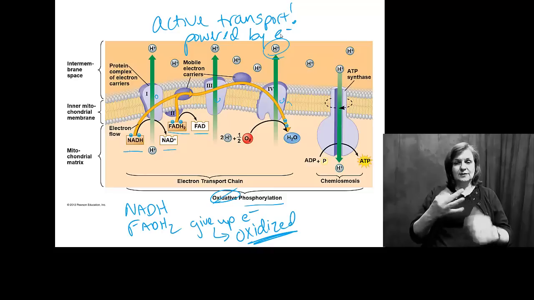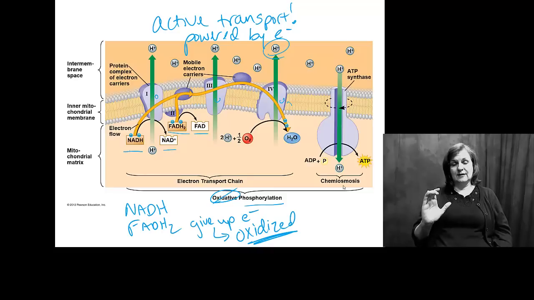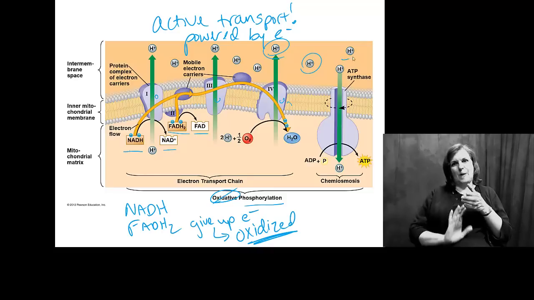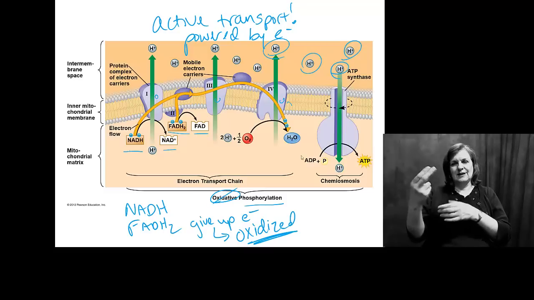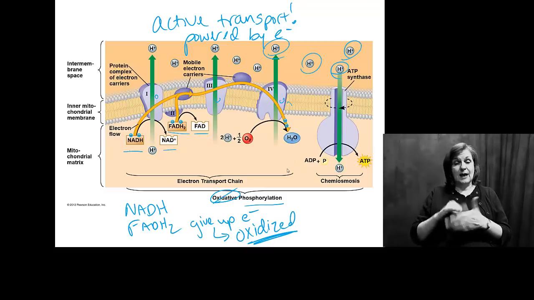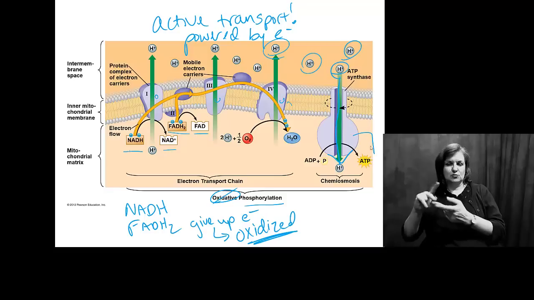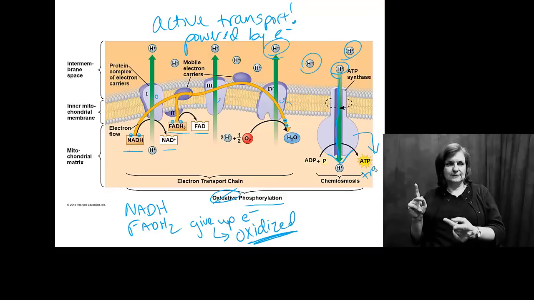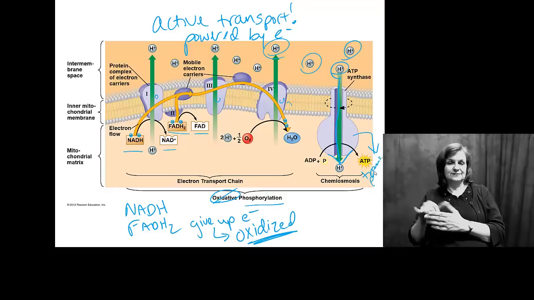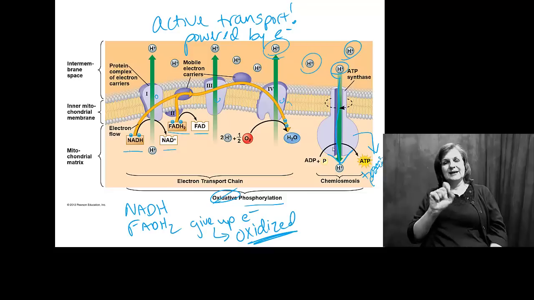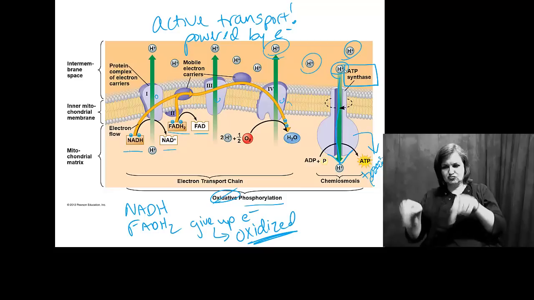And in this process of the electron transport chain, we pump out all these hydrogens because we're going to actually allow those hydrogens to diffuse back through this transport protein. This transport protein actually has a name. It's ATP synthase. So it's an enzyme.